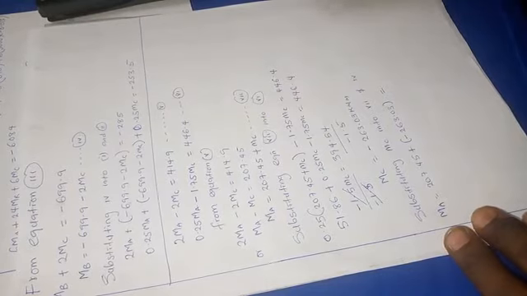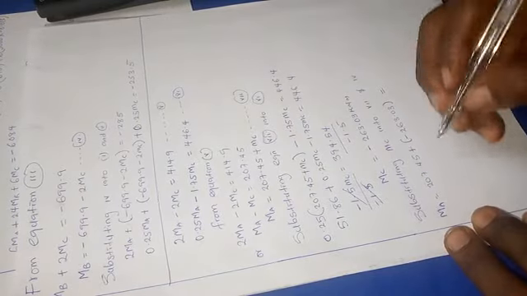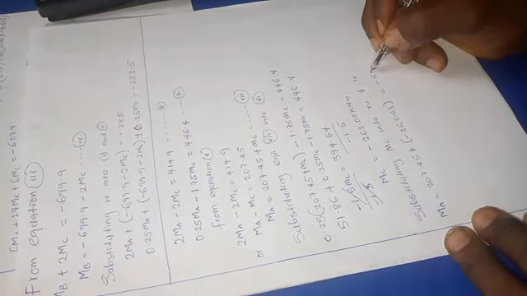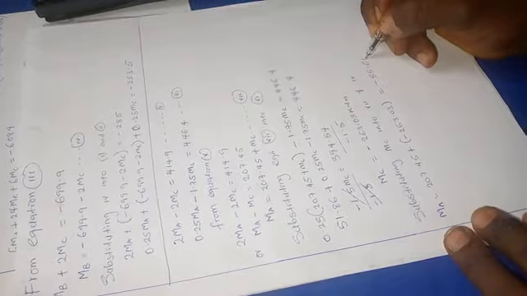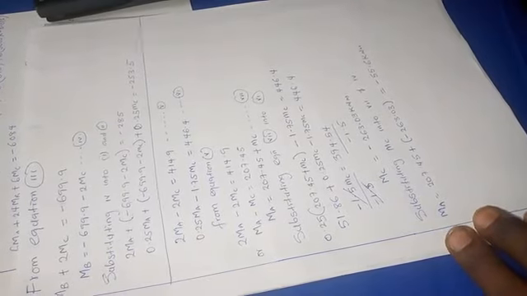That is 207.45 minus 263.03, which is equal to minus 55.6 kilonewton meter.